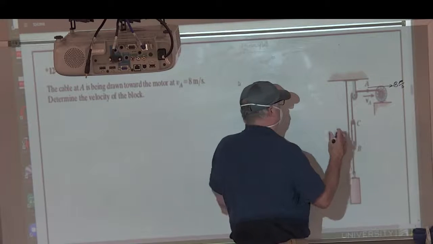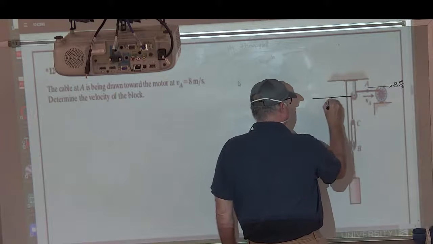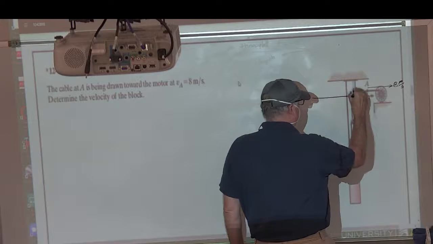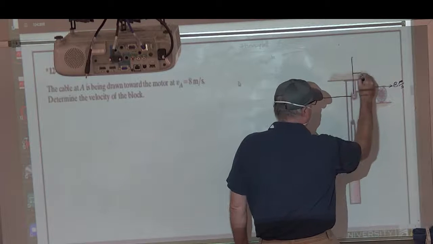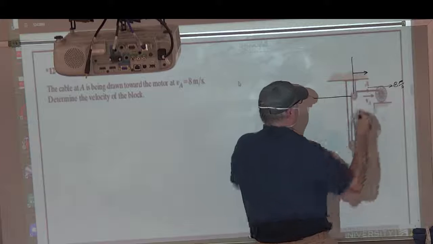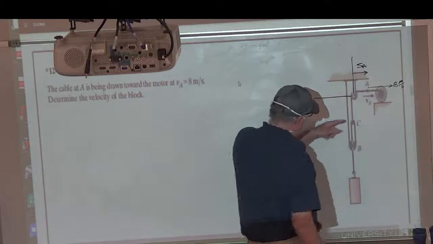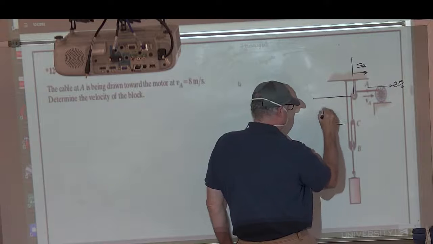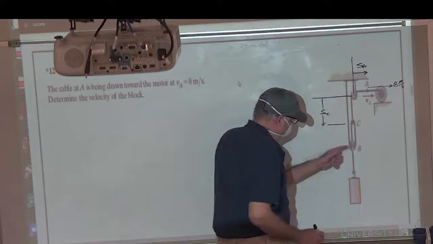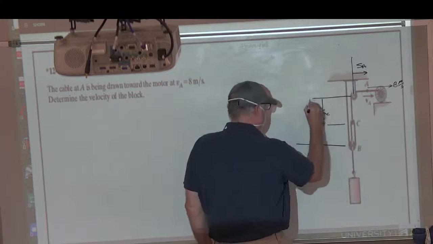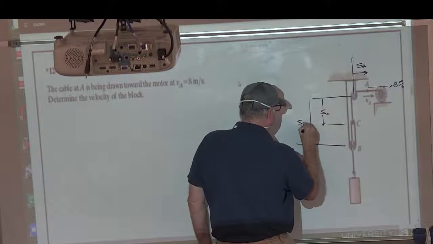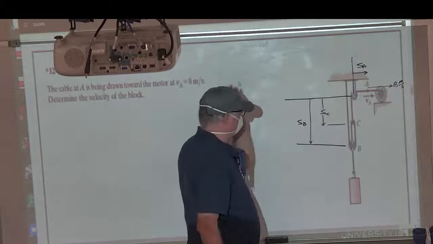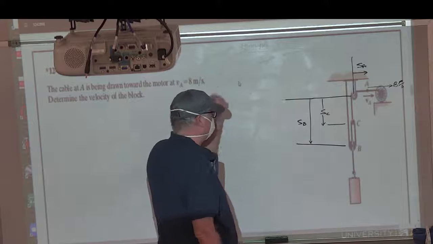In this case, you can draw your datums off the same pulley point. This will be listed as A, that's A. This pulley will be SC, and then you've got SB. There's your 3 things, 3 locations.